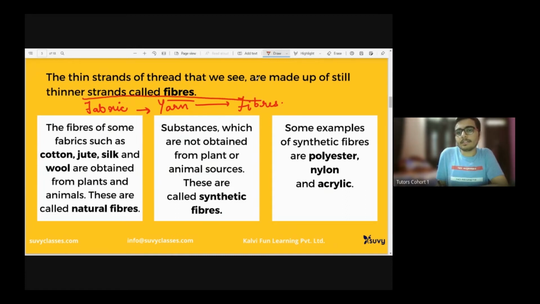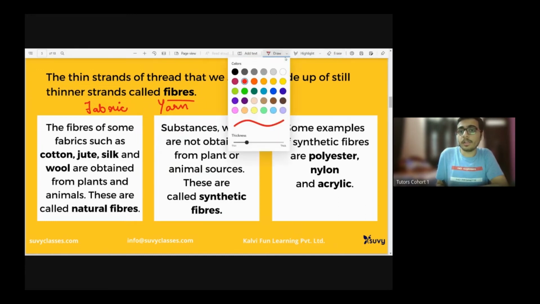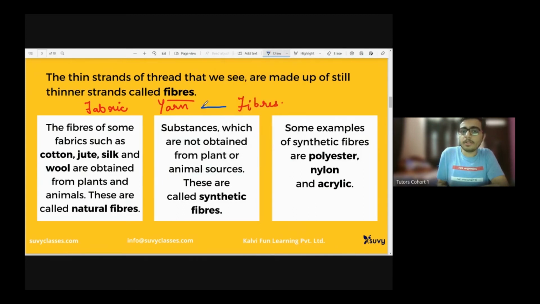Or say, I should draw it in the opposite way. Why should I draw it in the opposite way? The reason is that after all, fibers will be used to make yarn, and yarn will be used to make fabric, right?